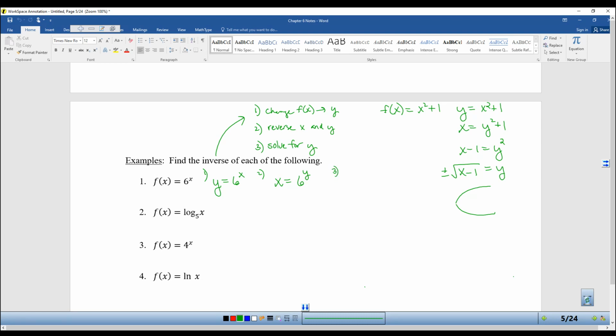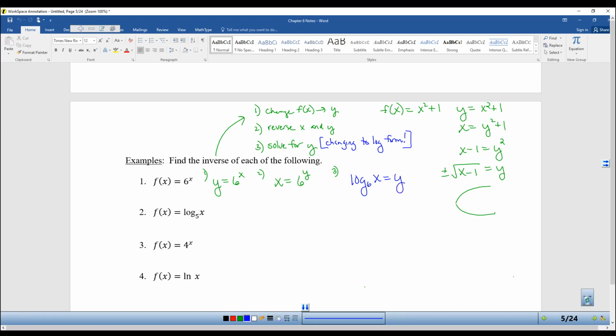Oh my goodness, how do I solve for y? How do you get that y alone? In this case, you're going to do that by changing to logarithmic form. Obviously, I put it in a different color. That's not for all inverses, just for inverses involving logarithms. So step 3 is, you may remember from the very beginning of this lesson that I can switch this. 6 is now going to become the base, not of the exponent, but of the logarithm, and then the x and the y trade places.